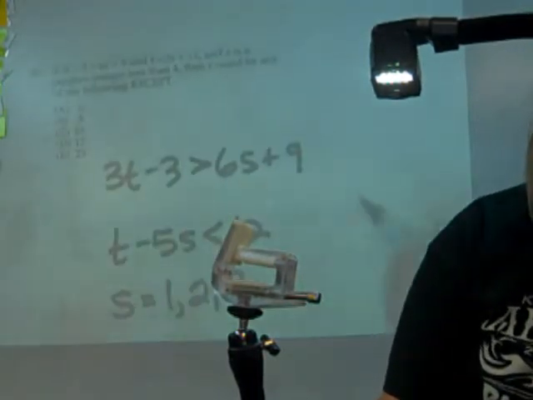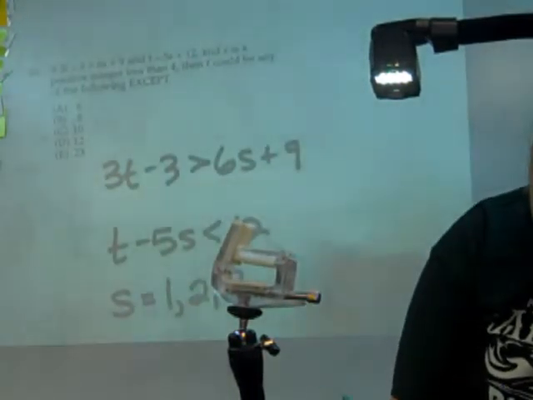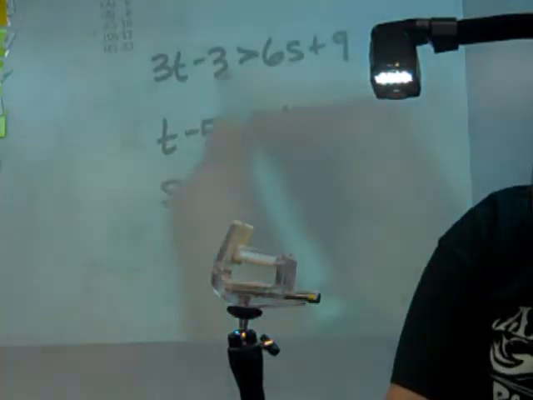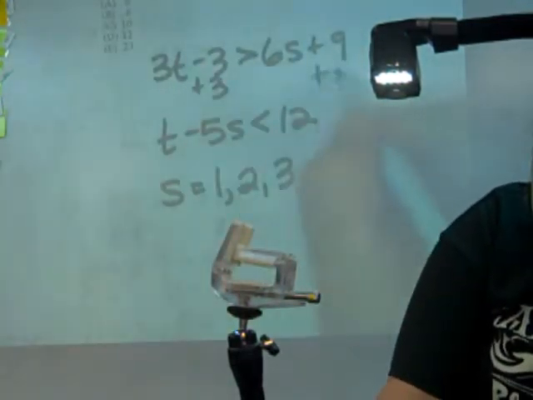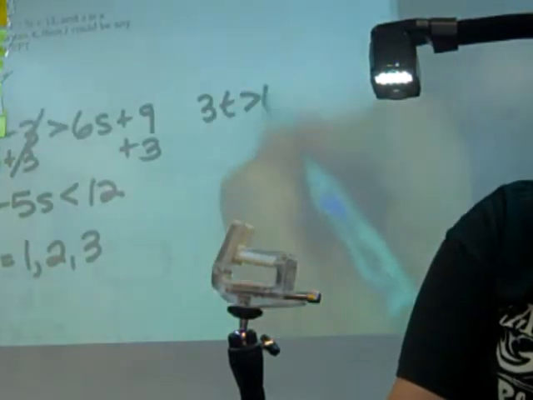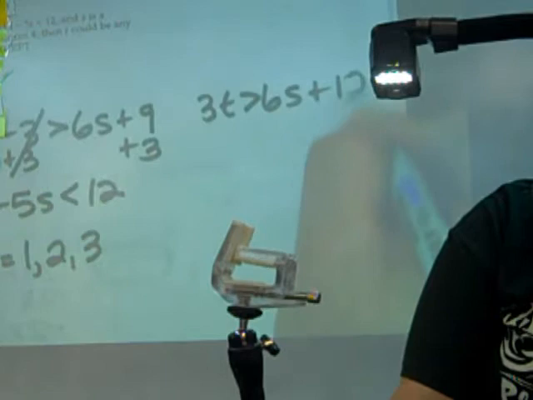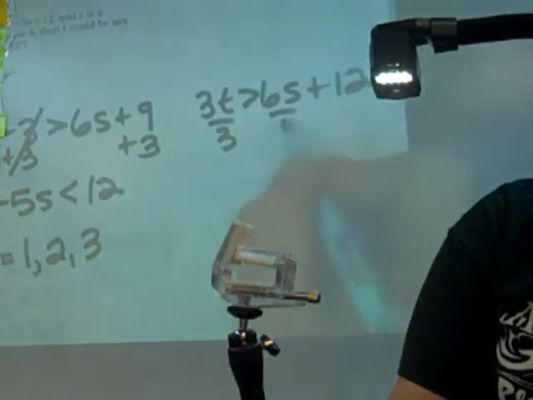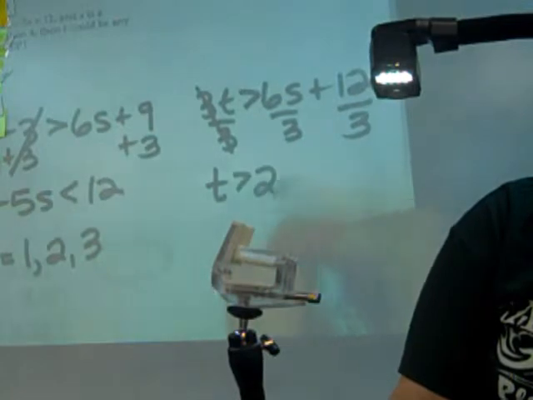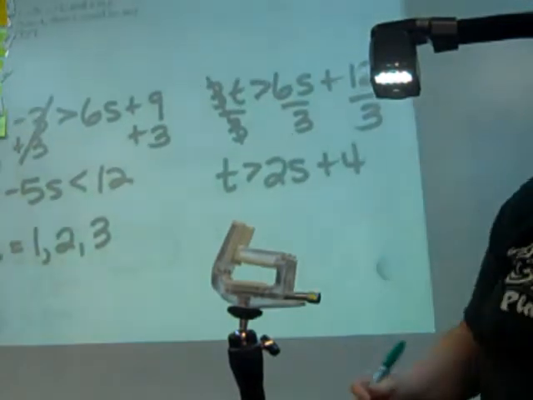So if I solve each of these for t, let's see, on this first one, 3t is greater than 6s plus 12. If I divide everything by 3, t has to be greater than 2s plus 4.